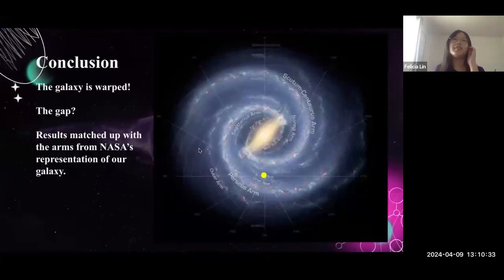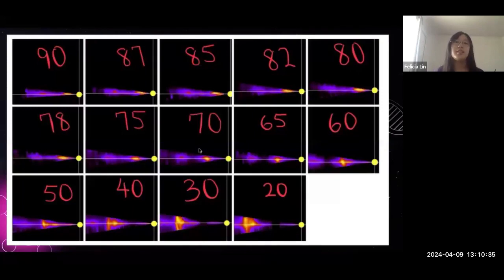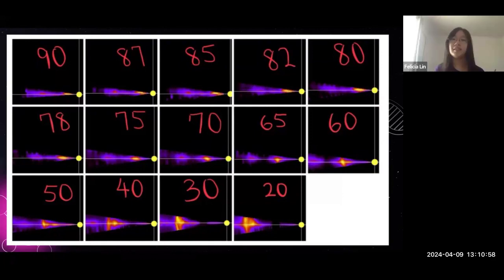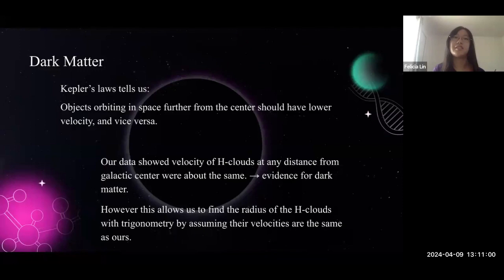Yes, partially because, as I tried to explain in the beginning, some parts of the galaxy are hard to see at certain seasons, and I did this in the fall with my mentor, so some of the galaxy was not able to be seen at that time. And some of the other reason is because of the trigonometry that we used here.